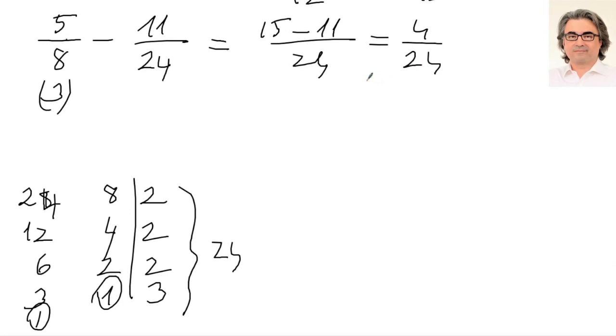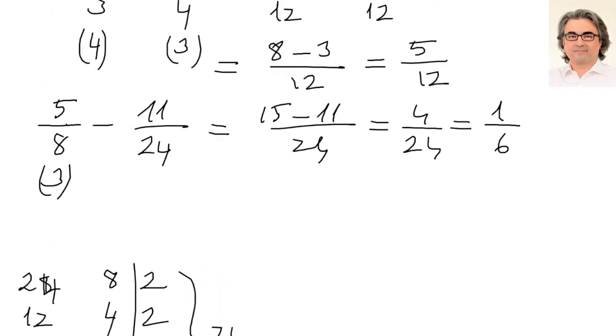If necessary, make all simplifications, if it's possible, of course. Now, of course, 4 and 24 may be simplified. Both are divisible by 4. If you divide 4 by 4, you will get 1. If you divide 24 by 4, you will get 6. And the final result is 1 over 6.